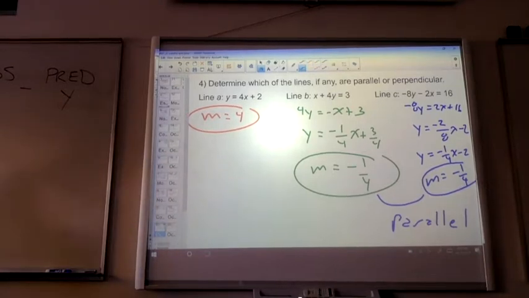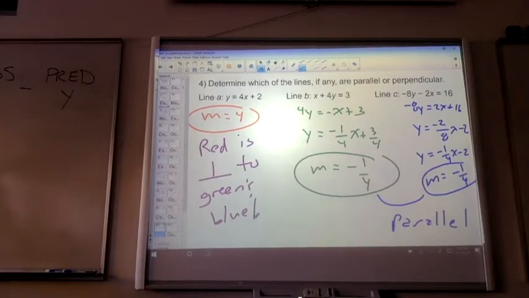All right. So the red is perpendicular to the green and the blue. How do I know that? 4 is the same thing as 4/1, yes? If I flip over 4/1, I get 1/4.